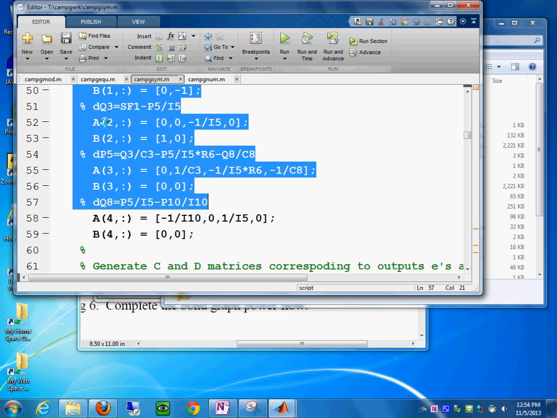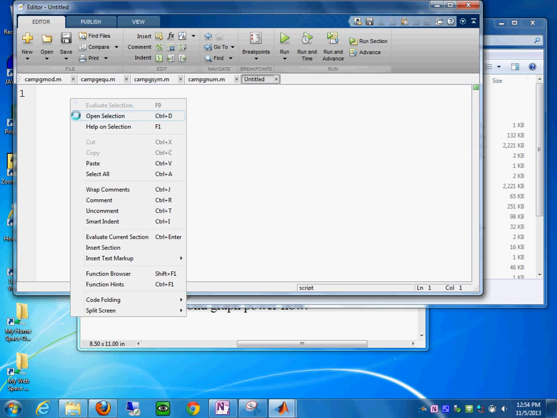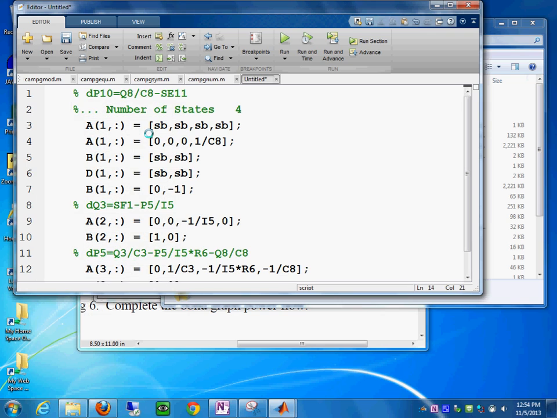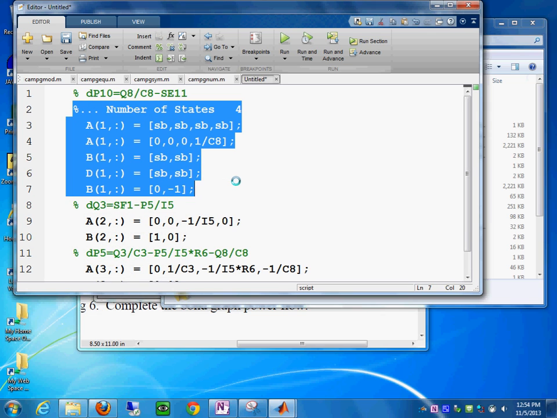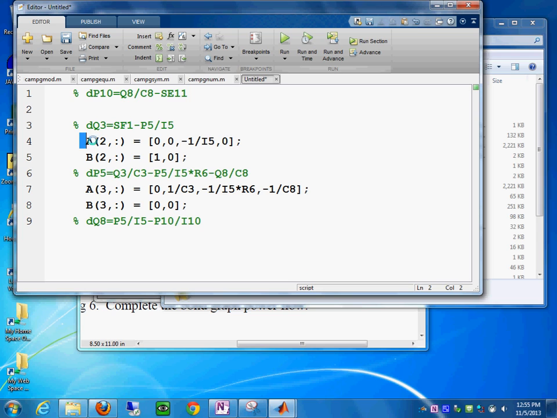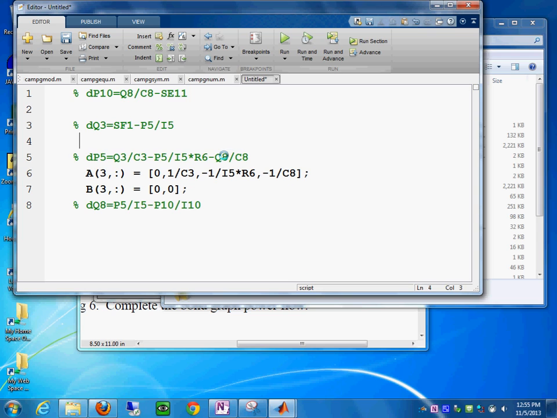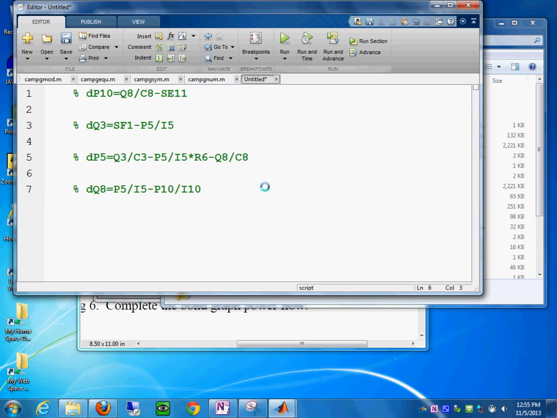Let's see, copy. I'm just going to concentrate just on the equations. I don't need anything else, just those four right here. And from this one we're going to build our block diagram.